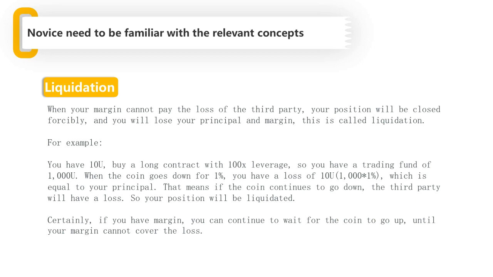So your position will be liquidated. Certainly, if you have more margin, you can continue to wait for the coin to go up, until your margin cannot cover your loss.